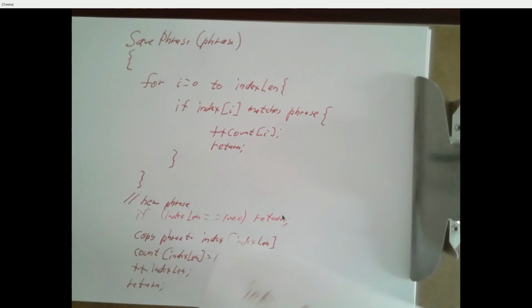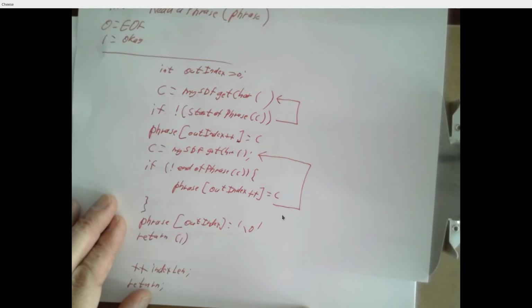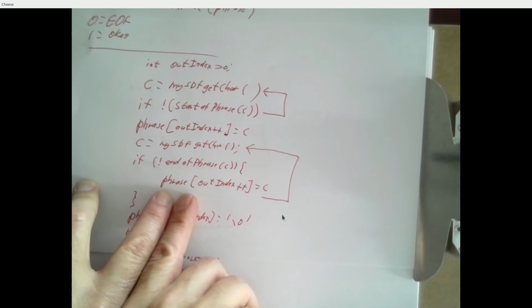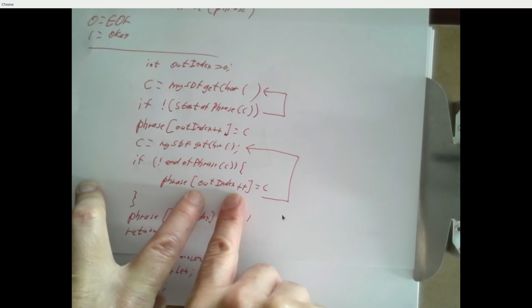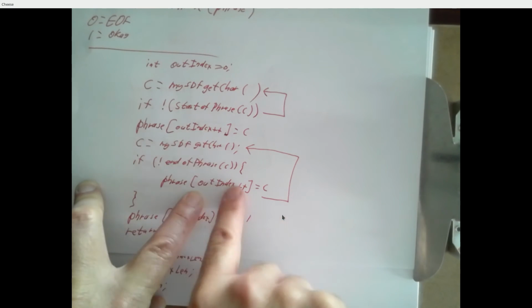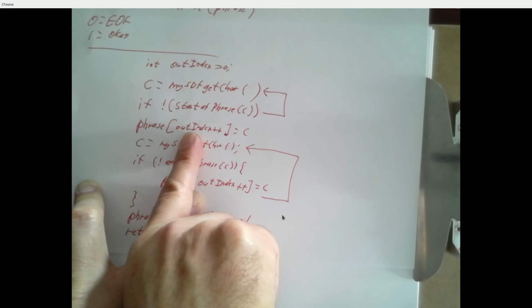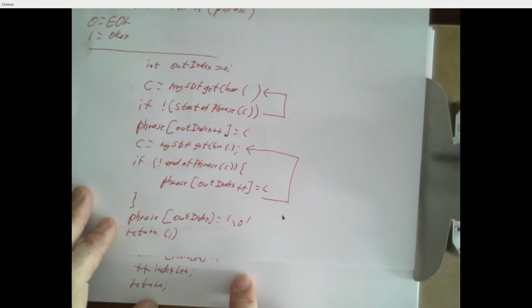And the same thing over here when we're reading a phrase, right? If your phrase is longer than 200, and phrase can only hold 200 characters, this will potentially blow up. So somewhere inside here where you're doing this, if your index gets to be 200, you need to null terminate your phrase. But you also want to read the rest of the phrase first, so don't return right away.